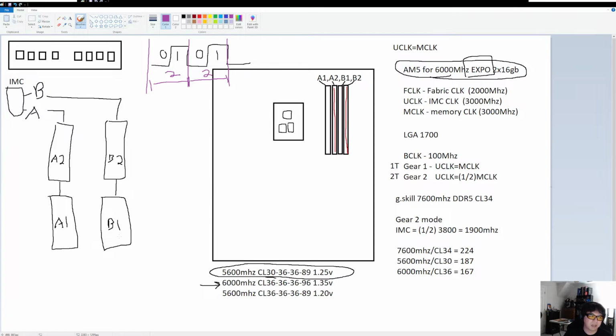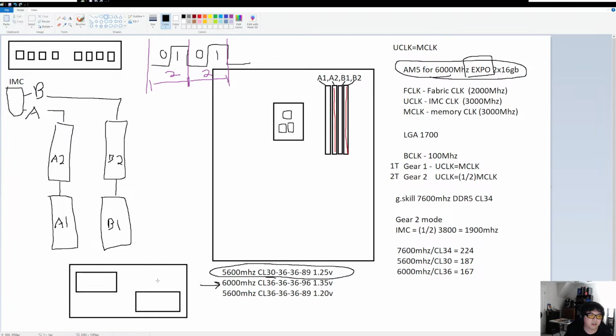Back before Zen 2, they had the CCX. So half of the cores were over here, and the other half were over here. You had 4 cores on one side and likewise 4 on the other.